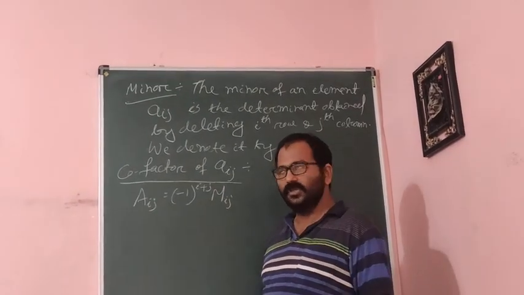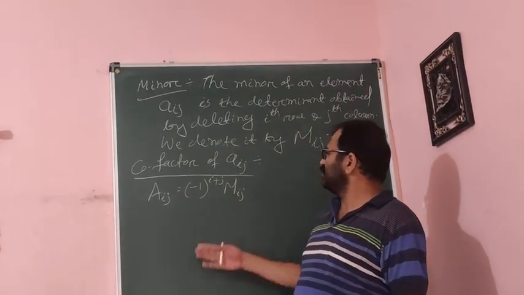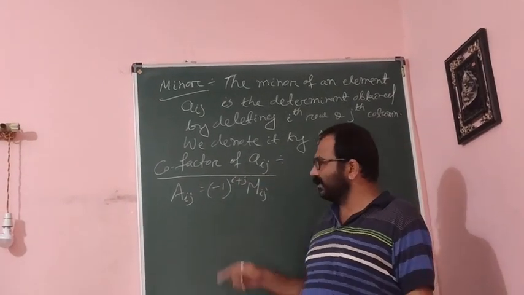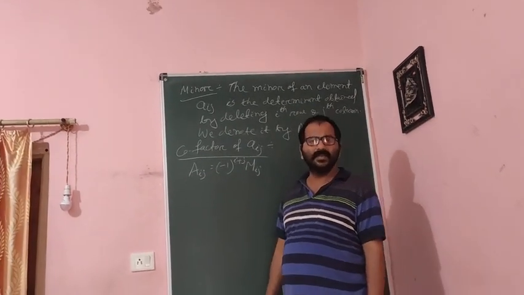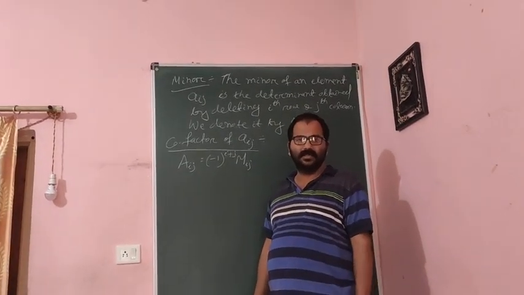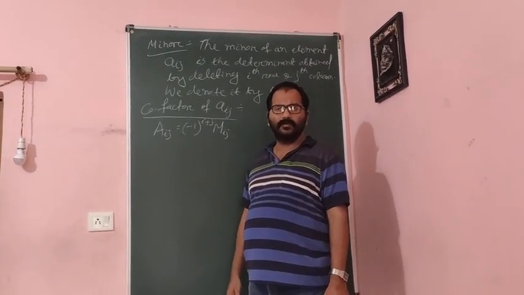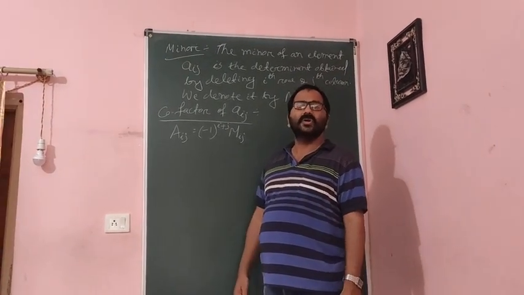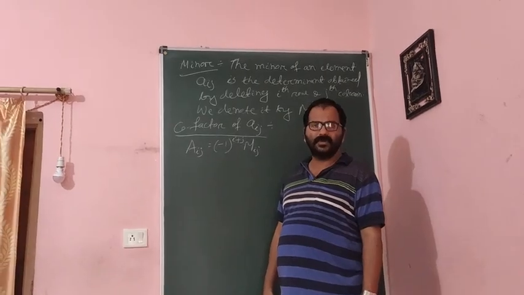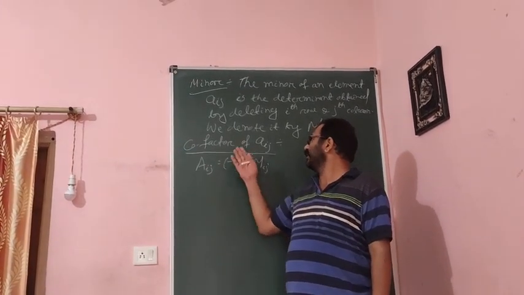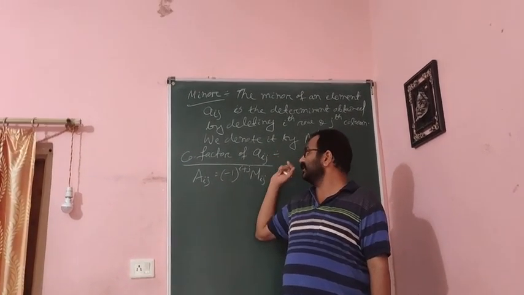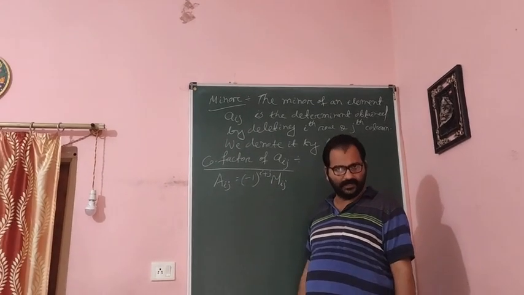I will discuss it now, so don't worry. Also, the cofactors are required to find the inverse of a matrix. In the previous class, you learned finding the inverse of a matrix by the row reduction process or column reduction process. But here, we find A inverse by using the cofactors of a matrix.